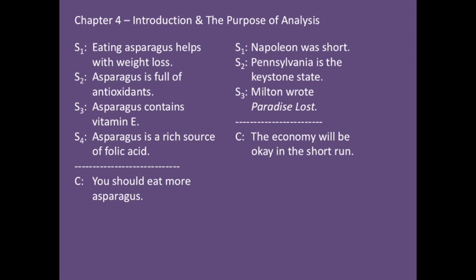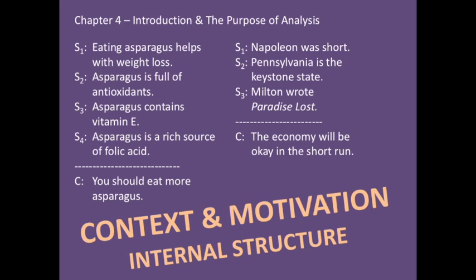So what's the difference? Well, the difference has to do with context and motivation. And what we want to understand is that there's more to an argument than just the sentences that make up the support and the conclusion. The point here is similar to a point we raised back in chapter 1. There we made the point that the meaning of a sentence or the meaning of a statement depends on more than the dictionary definitions of the words.